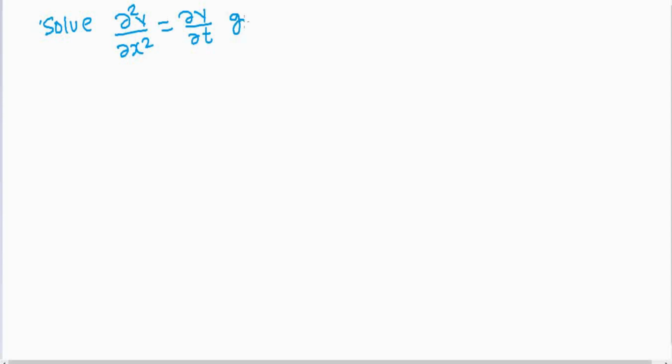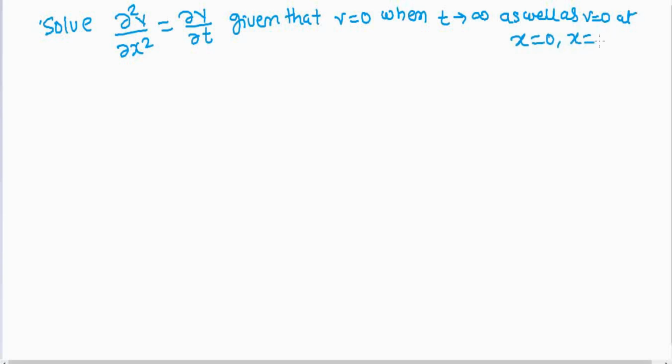It is given that v equal to 0 when t tends to infinity, as well as v equal to 0 at x equal to 0 and x equal to L. So this is another problem.